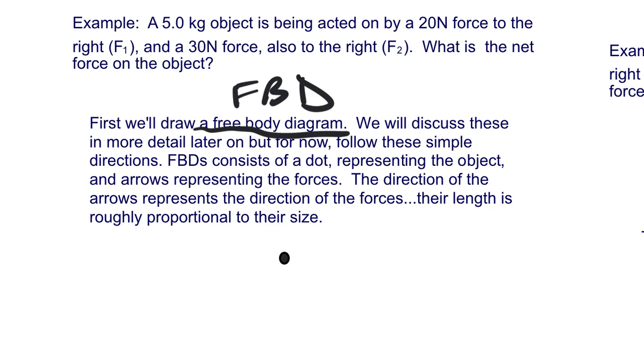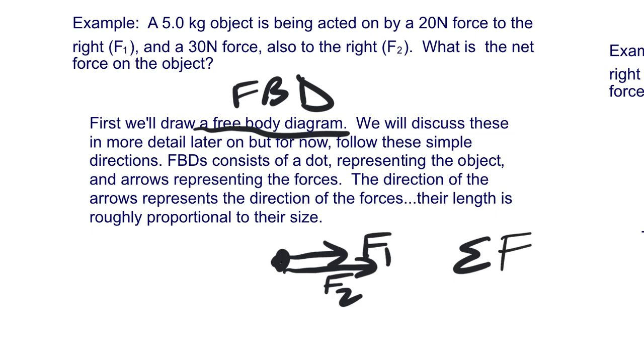A 5 kilogram object is acted on by a 20 Newton force to the right, F1, and a 30 Newton force also to the right, F2. What is the net force? Well, they're pointing in the same direction.